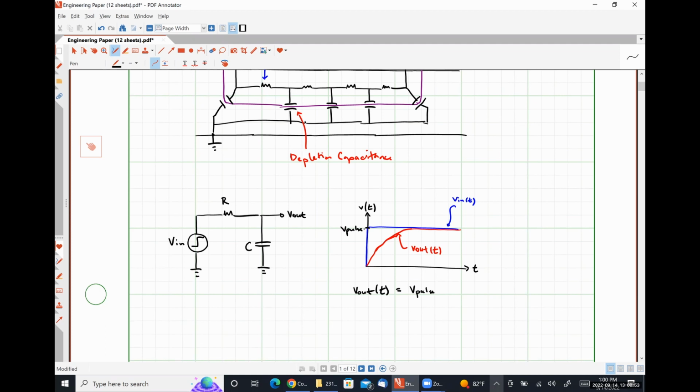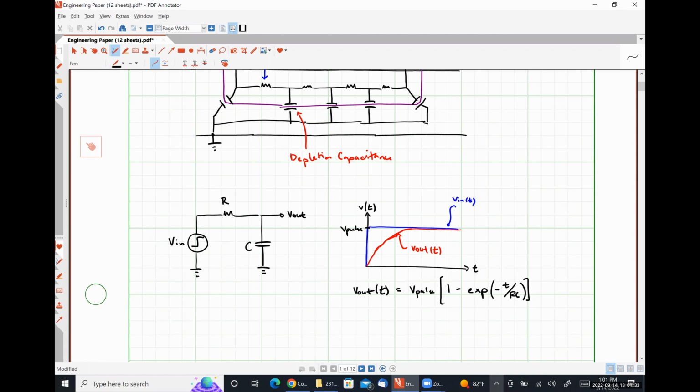Just the height of the input signal times 1 minus, sorry, that's not a minus sign, e to the negative t over RC. Make my brackets prettier. That's just a simple, straightforward, first order response for an RC circuit where we're looking at a charge cycle specifically. Okay.